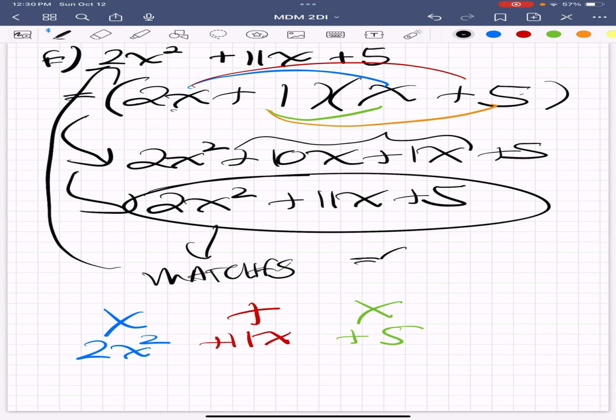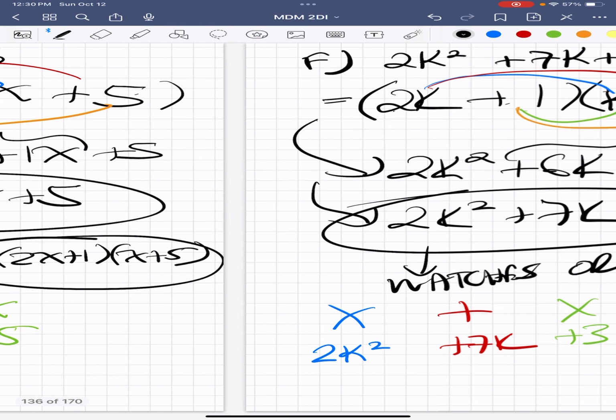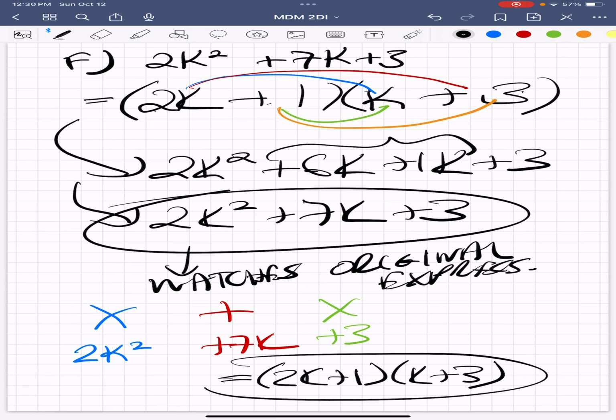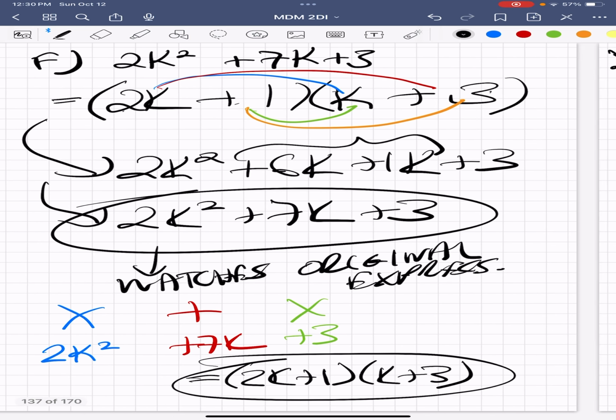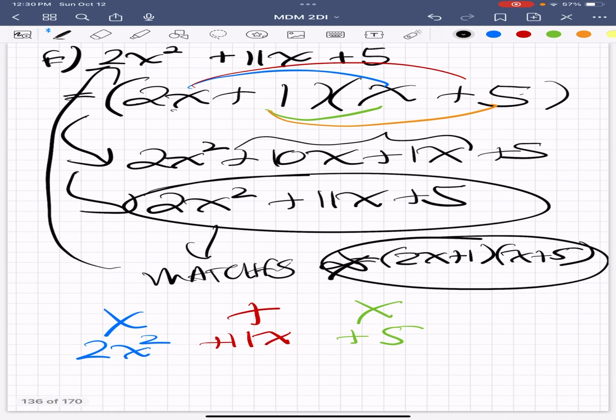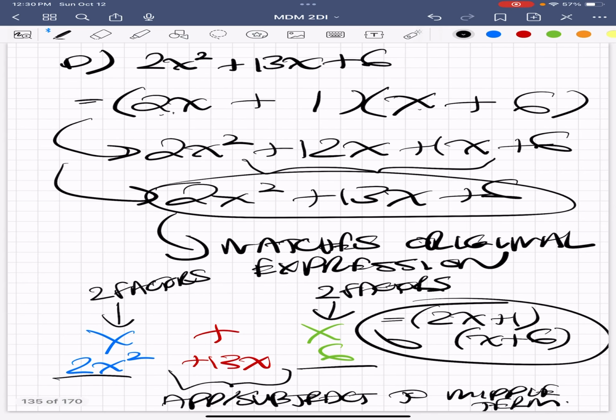We have (2x plus 1)(x plus 5), circle that. And then we have (2k plus 1)(k plus 3). So I'm going to star the answers.